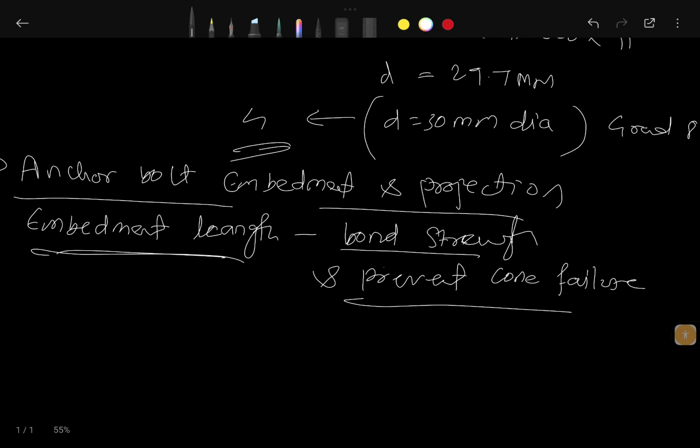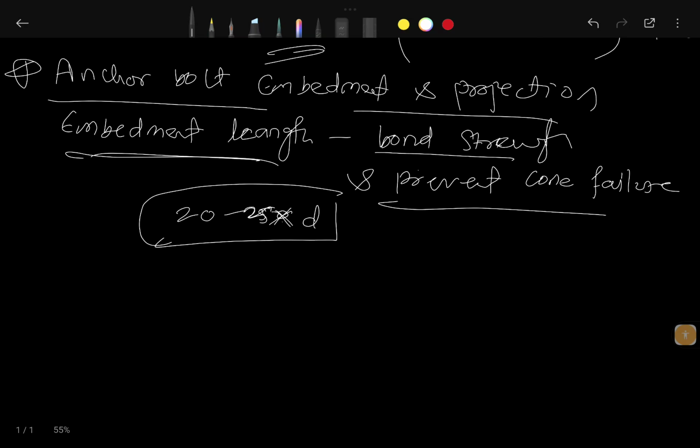If these two points are satisfied, then our embedded length is safe for the structure. The thumb rule we consider for embedded length is 20 to 25 times the diameter of the bolt.